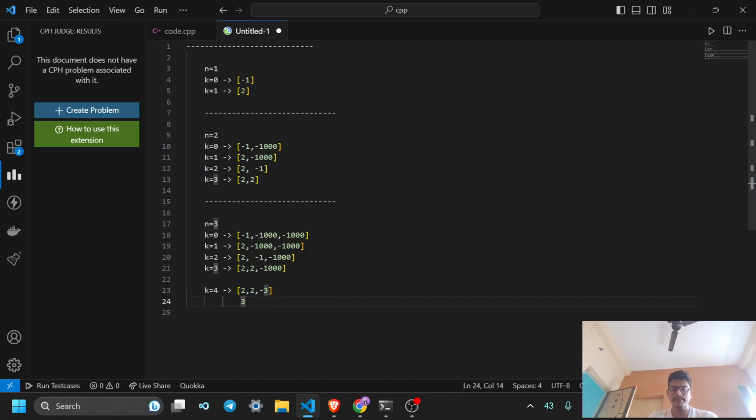You should stop the video and write it on a rough sheet, then you can understand what I want to say. So if I add k equals 5, for k equals 5, what happens? 2 comma 2 is already there, so I am not changing that.